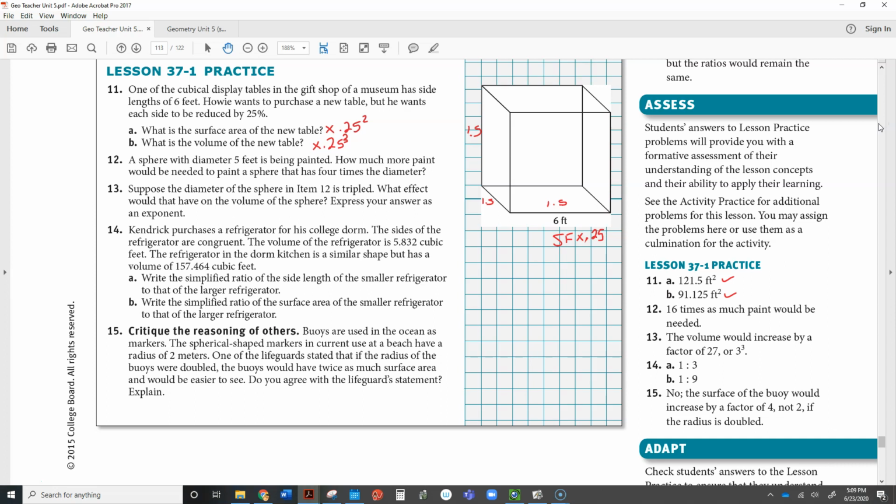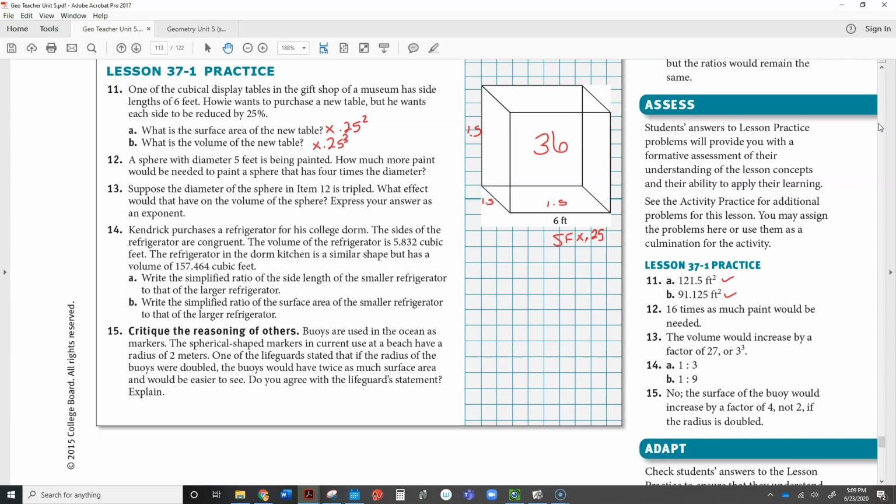1.5 squared will give you the surface area times 6. 36 is the surface area of each one of these, and there's 6 of them.